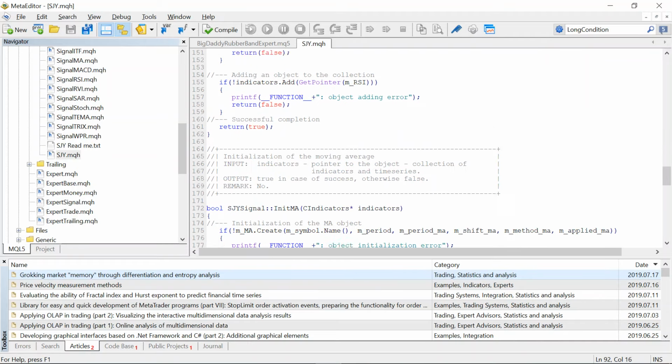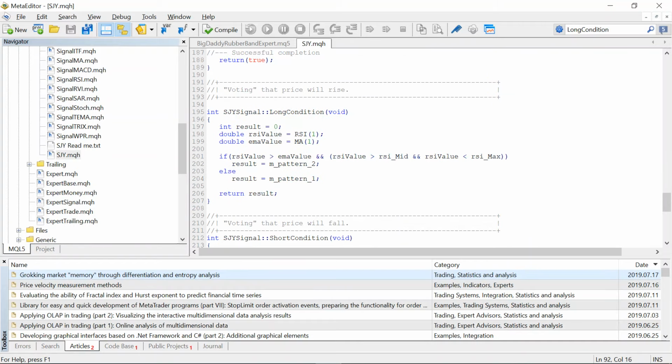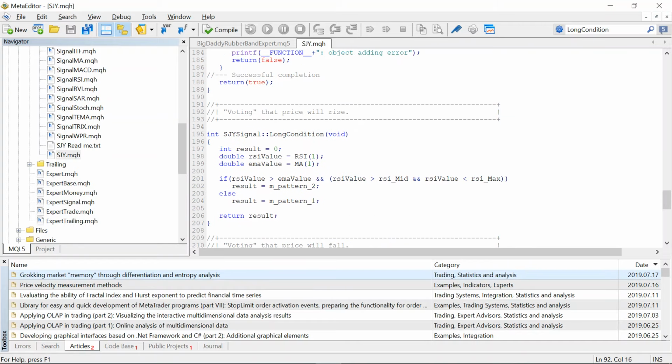So these are simple validation settings, initializations. Let's go down to the creation of the actual indicator, and then to the long condition. In the long condition, I assign the values calculated by the RSI and the EMA to variables, RSI value and EMA value, and this is the bread and butter of the algorithm itself.